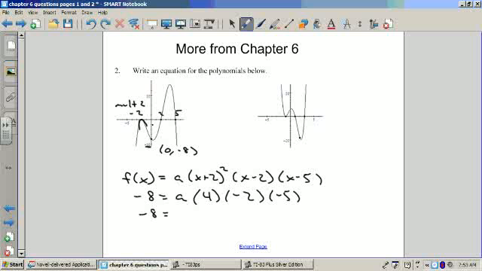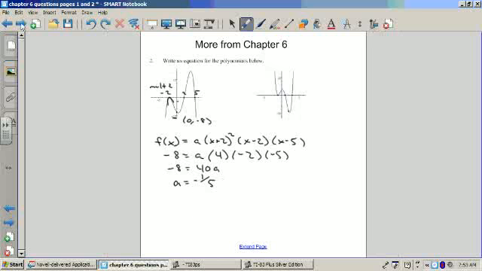Negative 8 is equal to 40a. And a, therefore, must be equal to negative 8 over 40, which is negative 1/5. I can write this as f of x is equal to negative 1/5 times (x plus 2) squared times (x minus 2) times (x minus 5).